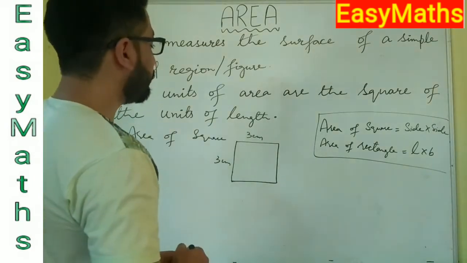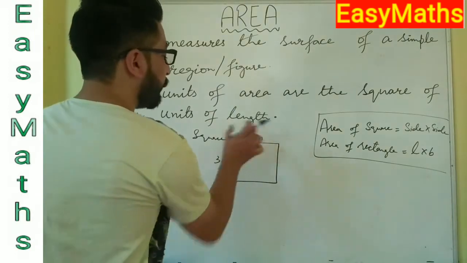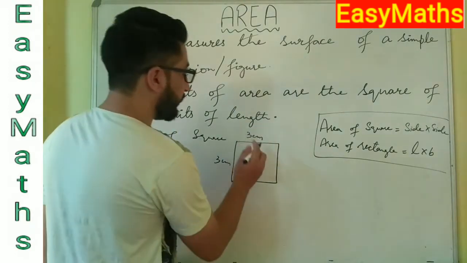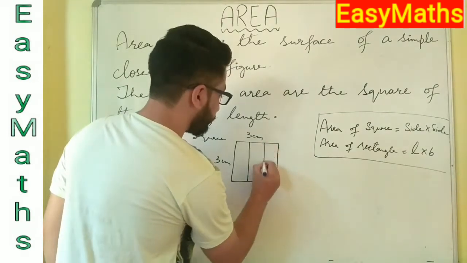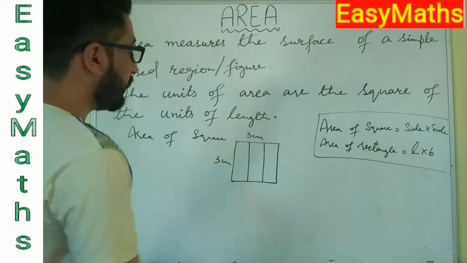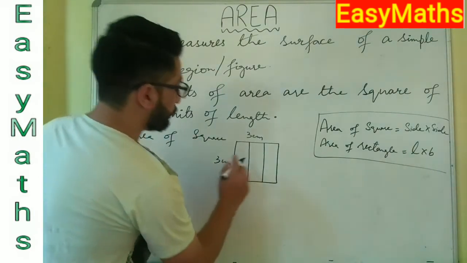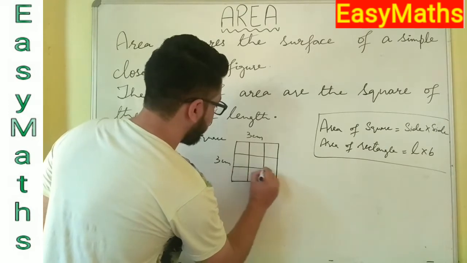So students, if we haven't got any formula to calculate the area of this square, what do we do? First and foremost, we have to find the length of this side, that is 3 centimeter. So we will divide this into 3 equal parts. Then moving to this side, what is the length of this side? That is also 3 centimeters. So we will divide this into 3 equal parts again.